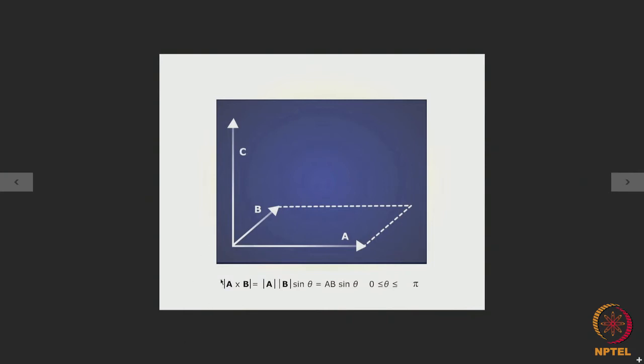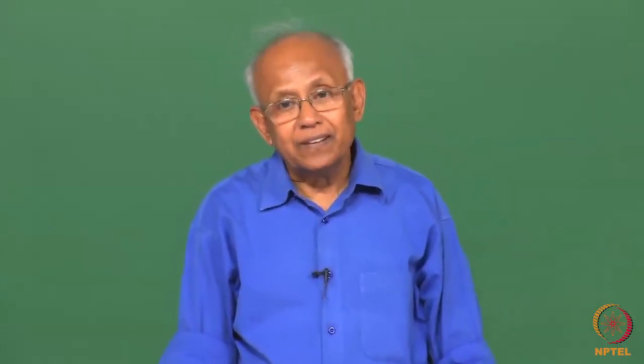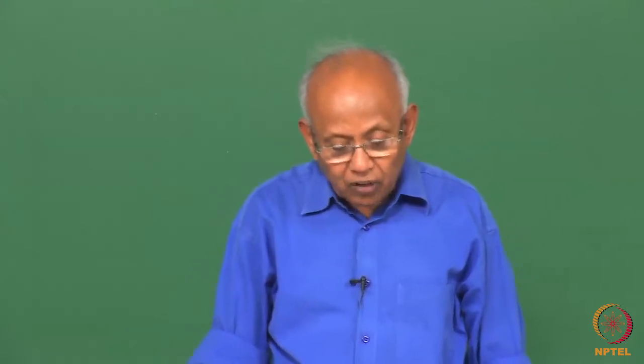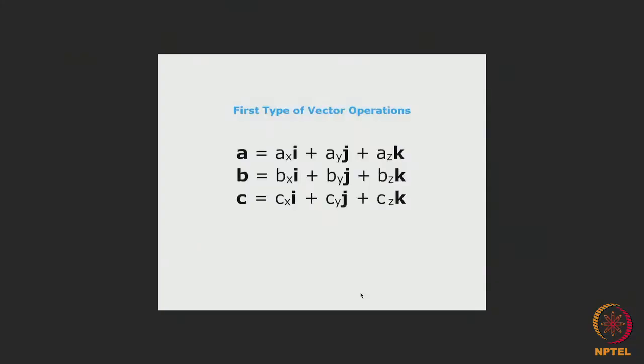The magnitude of the vector product A cross B is equal to the magnitude of A into the magnitude of B multiplied by sin theta, that is AB sin theta. Whereas the dot product of two vectors is a scalar quantity, the cross product of two vectors is a vector quantity. Now, some simple vector operations will be illustrated here.